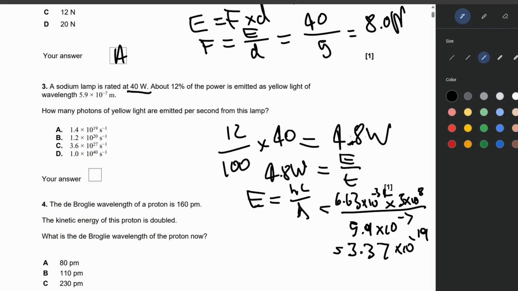So that means the photons, how many photons? Well, let's just calculate. Energy equals hc upon lambda.